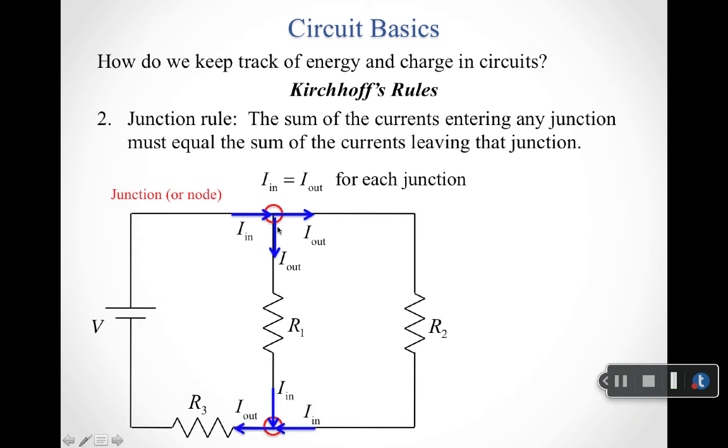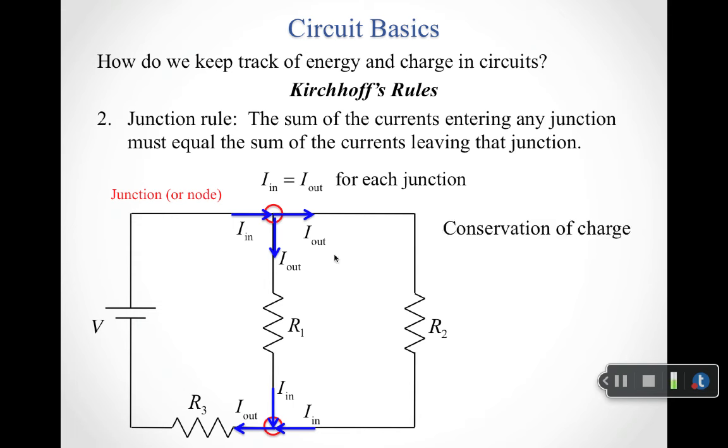It's fairly easy to see that whatever comes out of the top junction across resistor 1 is going to come into this bottom junction. Whatever goes across resistor 2 is also going to come into the bottom junction. Those 2 currents will recombine and go back out into the battery. So the I out at this bottom junction is exactly the same as the I in at the top one.